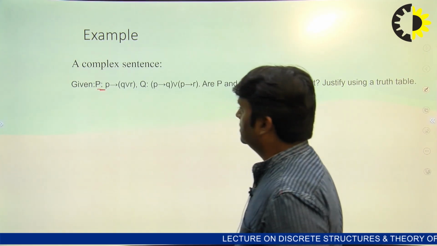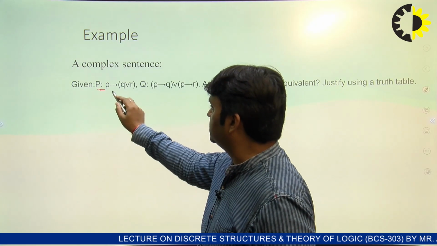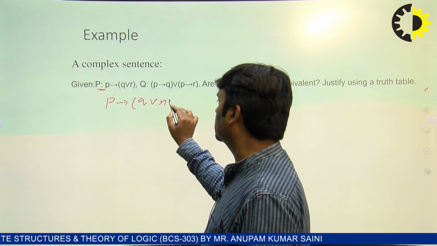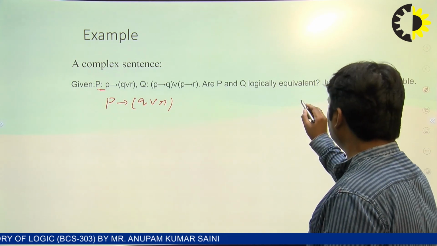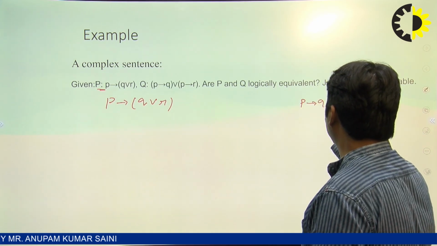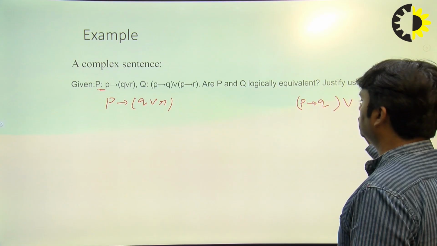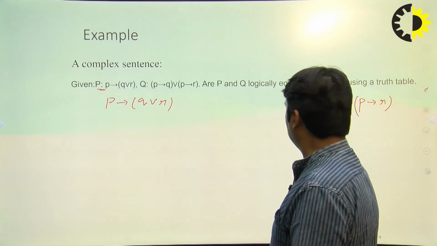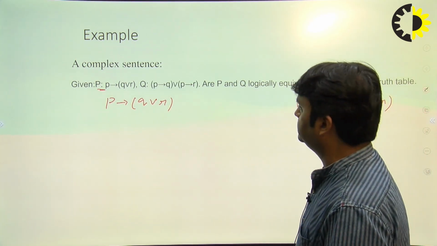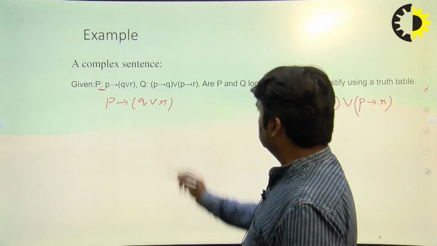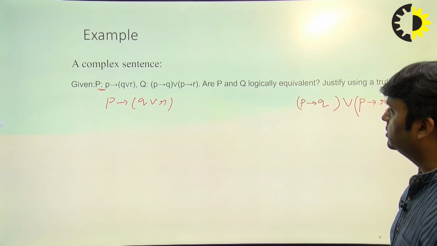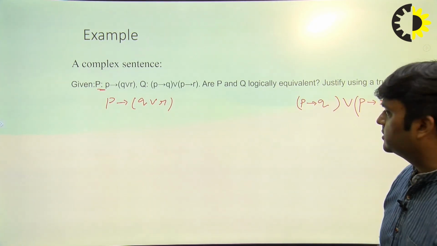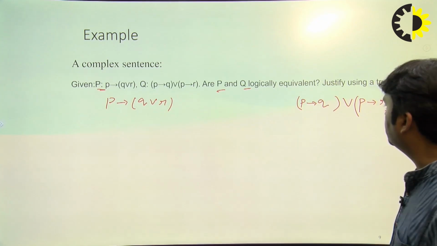For example, a complex sentence we use here: P implies Q or R, which is expressed as P implies Q or P implies R. Okay, so the question is, are these logically equivalent?